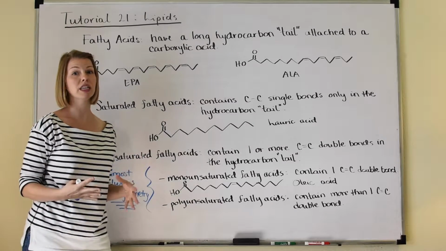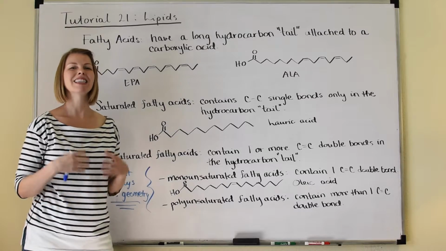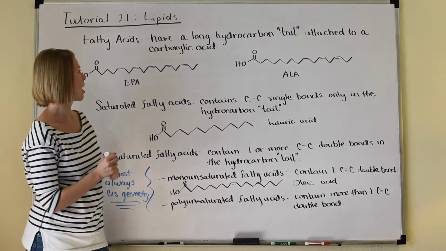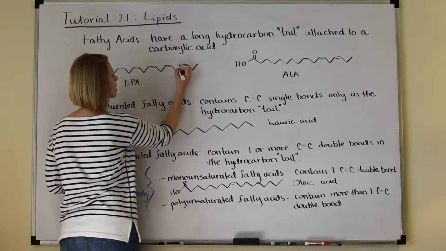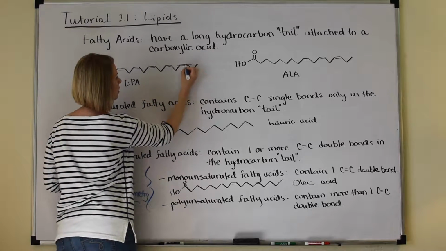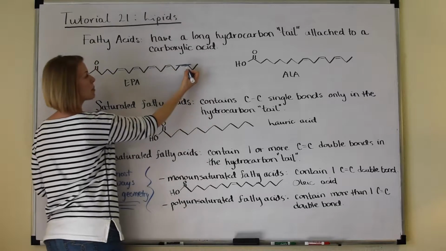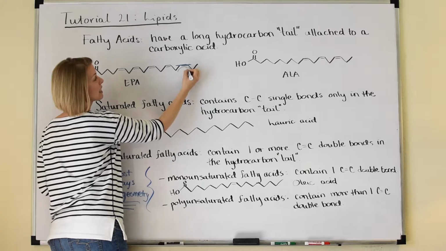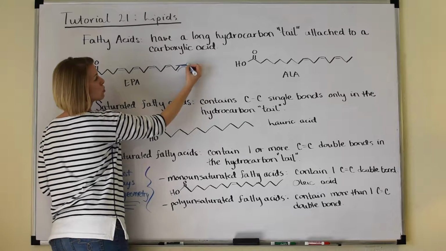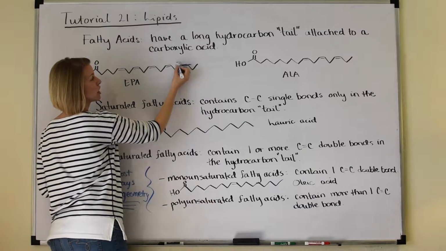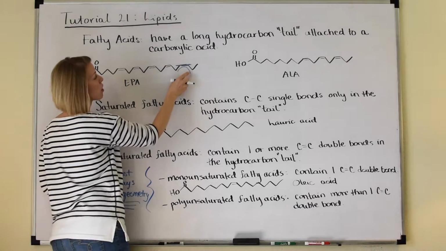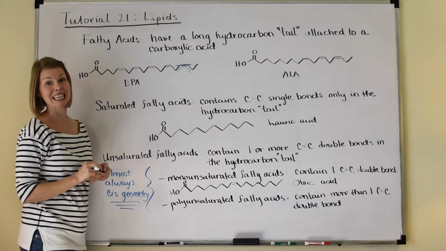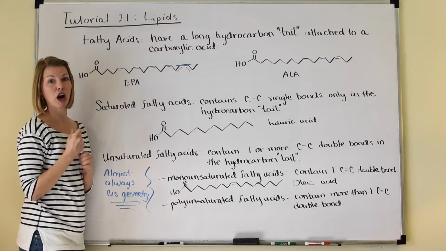So in the natural foods that you eat, the fatty acids will have cis double bonds. Remember that means, if I draw a line through this carbon-carbon double bond, the larger two groups will be on the same side, making that C shape. The two smaller groups, a hydrogen here and a hydrogen here, will be on the same side. The larger groups, so that carbon chain, will curve around in the cis, not the trans, geometry.